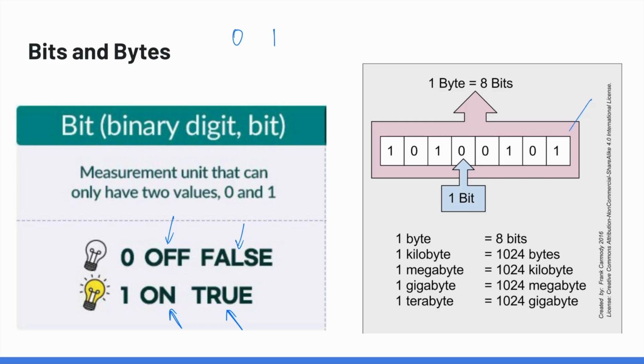So a binary value may look something like this. And what this essentially is, is a series of electrical signals, and those electrical signals can be viewed as on, off, on, off, on, off. Basically a series of on-off signals.